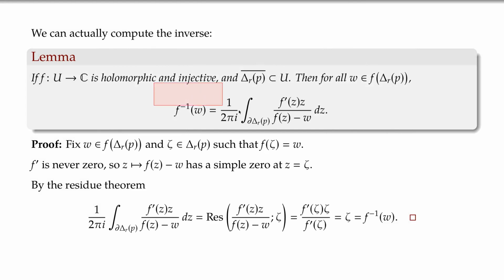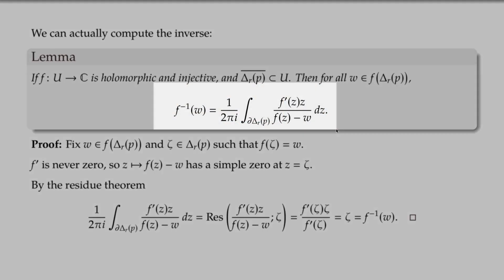Well, we just need to show locally that it's holomorphic, right? It's a local result. But if we have this formula, near P, we look at the image of P, and near the image of P, we have this formula for the inverse.